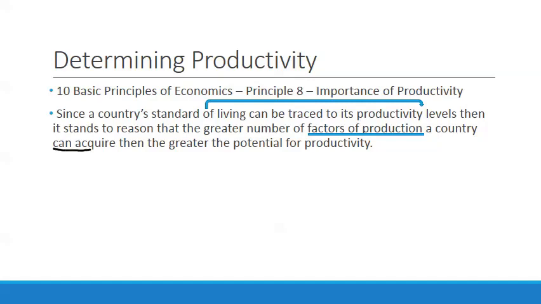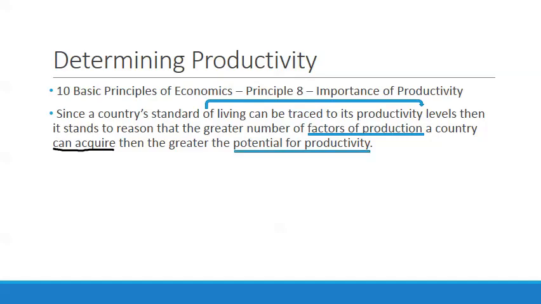So when we talk about this from this perspective, can acquire, well, how do people acquire goods? That's through trade. So even if a country doesn't have a particular factor of production, they can acquire them through trade. So what you have and what you can acquire in terms of the factors of production determine your productivity levels, which also determine your ability to increase your standard of living.